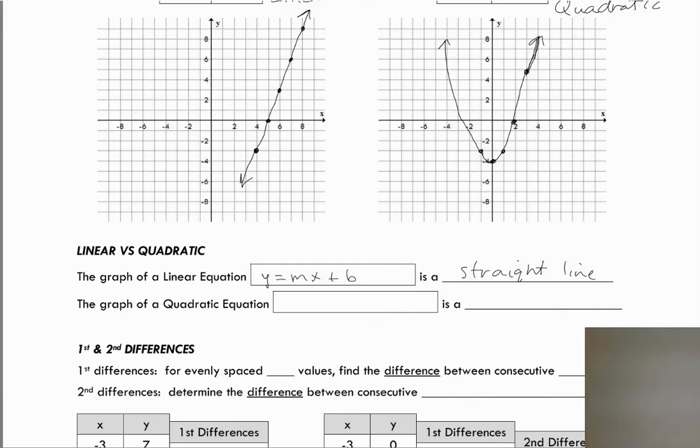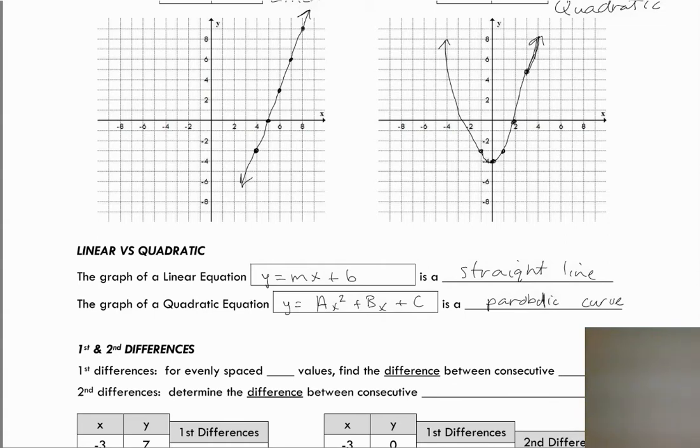The graph for a quadratic equation is in this form: y equals a number in front of x squared plus a number in front of x plus c. And those numbers could be 1, it could be 0, but usually it's 1 or another number. And these are called parabolic curves.